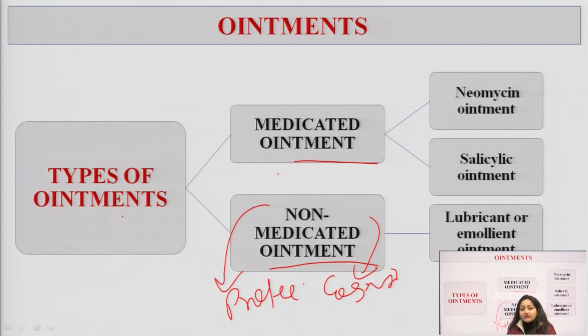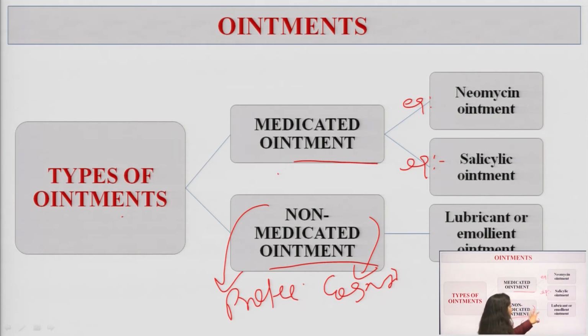Moving on to the further classification of medicated ointment, an example here is neomycin ointment. Neomycin is an antibacterial ointment useful for various types of disorders, and another one is salicylic ointment. Salicylic ointment is basically used to treat psoriasis, eczema and any kind of antifungal infection.